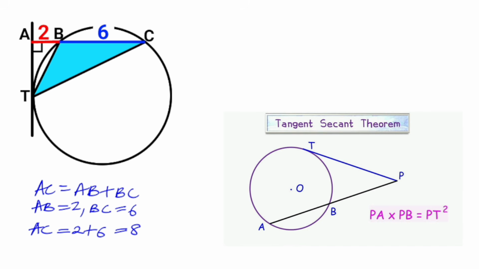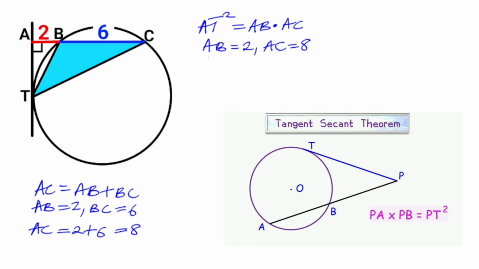Next, let's recall the tangent-secant theorem. It states that, when a tangent segment and a secant segment are drawn to a circle from an exterior point, the square of the tangent segment is equal to the product of the entire secant segment and its external portion. From this theorem, it follows that AT squared is equal to AB times AC. AB is equal to 2. AC is equal to 8.